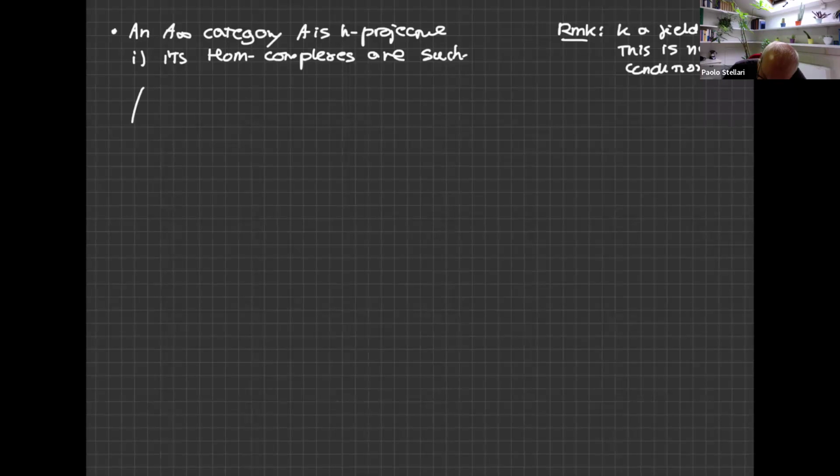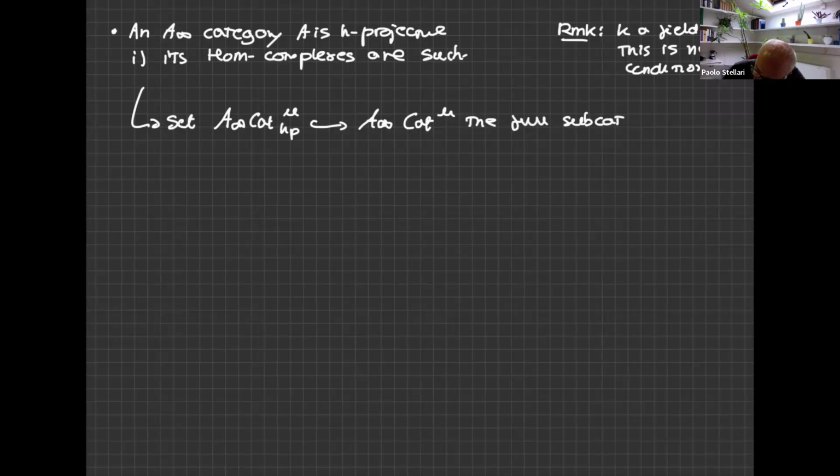And then we can set A infinity cat U HP inside A infinity cat U to be the fully faithful functor, a full subcategory consisting of H projective unital infinity categories.